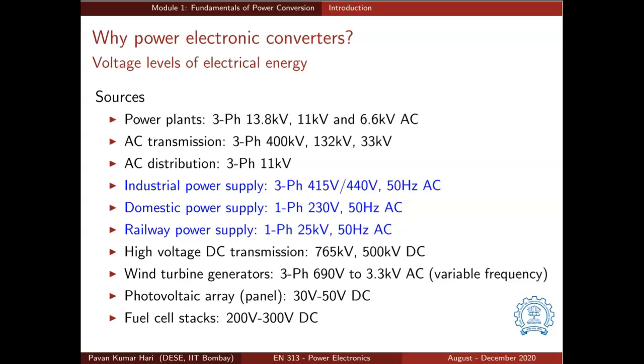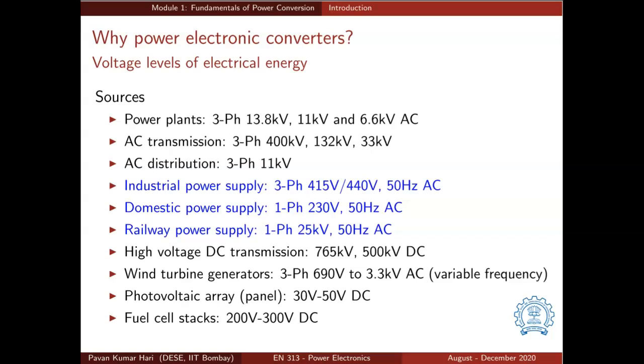Besides the conventional energy sources, we have some renewable sources in our power system. Wind turbine generators among the renewable sources typically generate 3-phase AC voltages ranging from 690 volts to 3.3 kV. One distinctive feature of the wind turbine generators is that they generate AC voltages of variable frequency. Why?